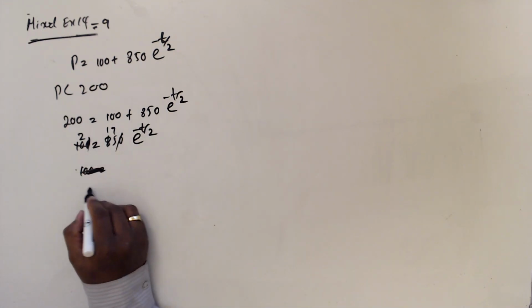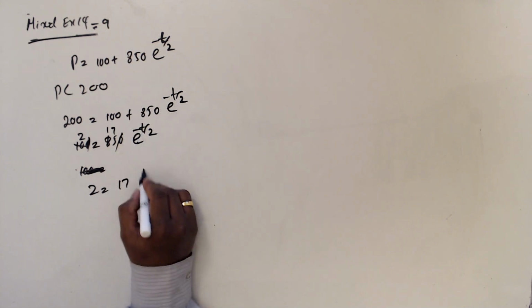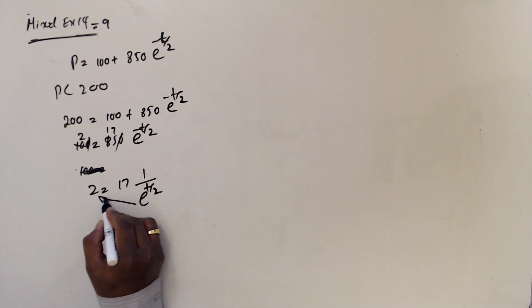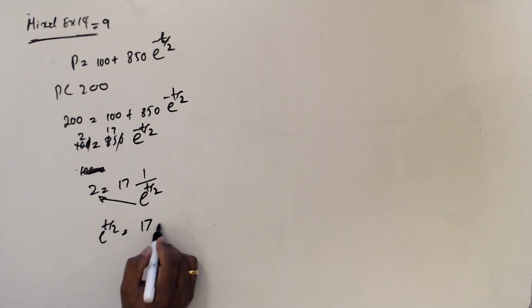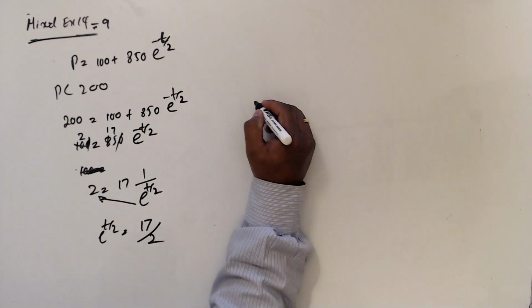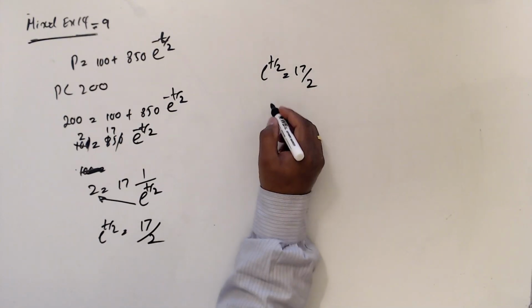So 2 equals 17 e to the power minus t over 2. Can I write e to the power t over 2 as a power? So cross multiply: e to the power t over 2 equals 17 divided by 2. So t over 2 equals ln of 17 over 2.